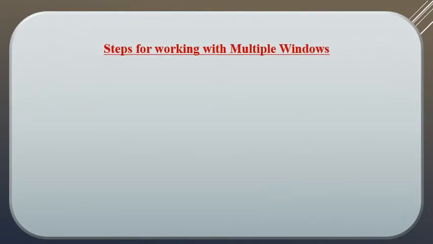Students, let us go through the steps for working with multiple windows. The first step, open Microsoft PowerPoint. Suppose you want to work with PowerPoint and Google Chrome, first of all, we need to open the first application, that is Microsoft PowerPoint.